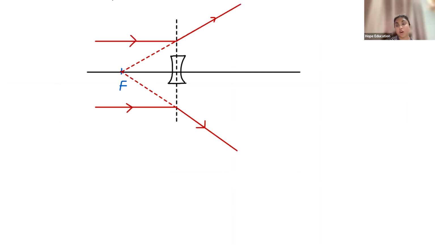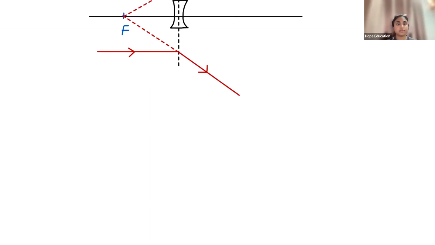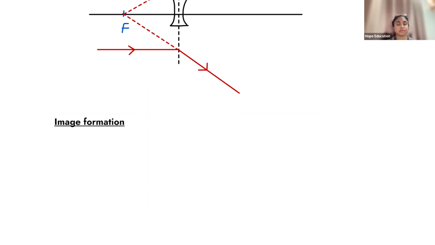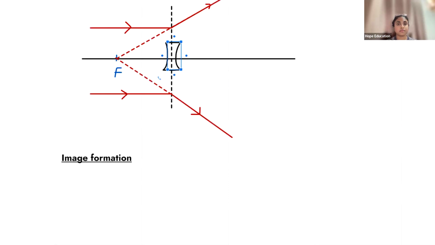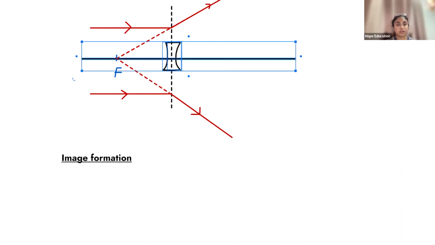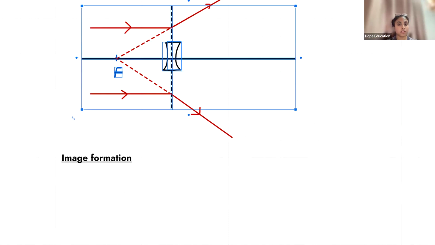The other is that, like convex lenses, the ray going through the optical center goes along the same path. So, put a subtopic: image formation.